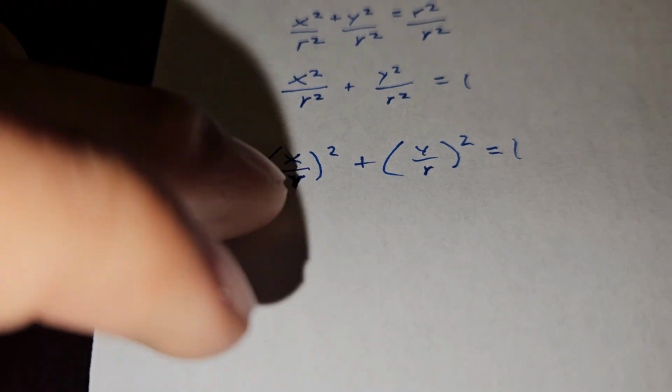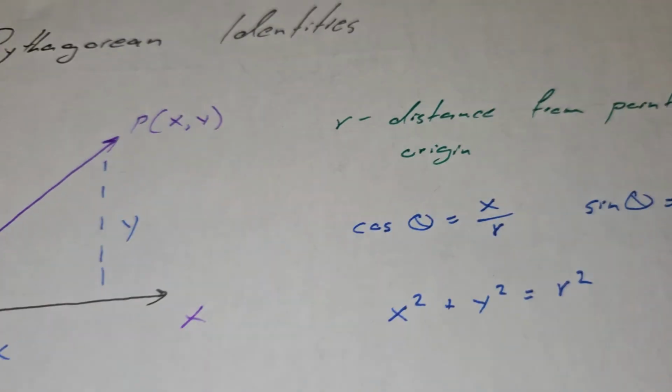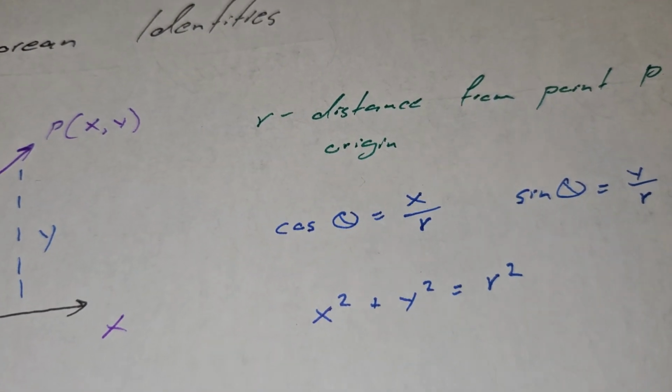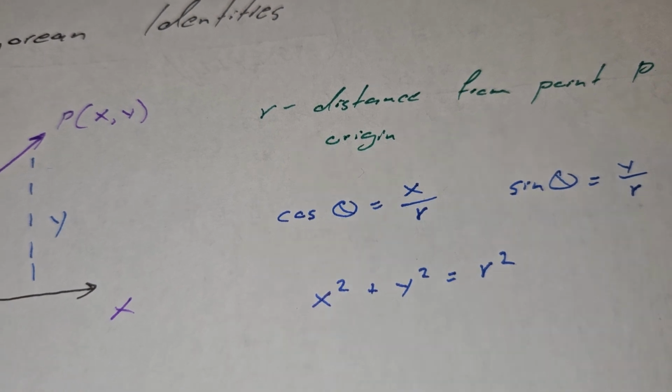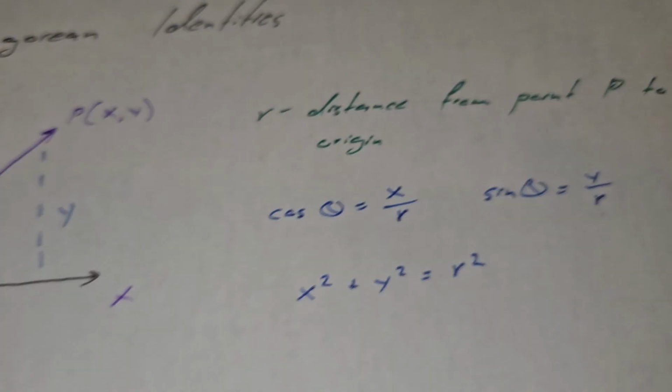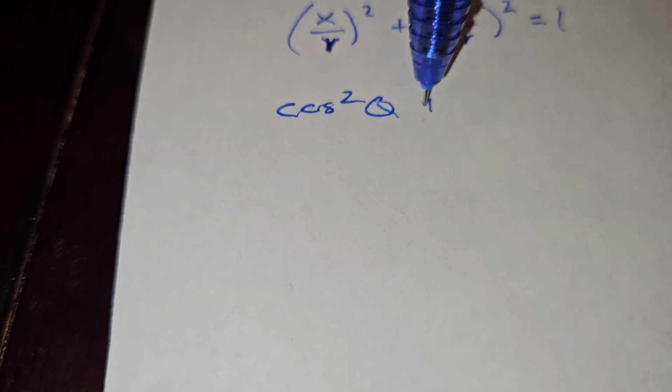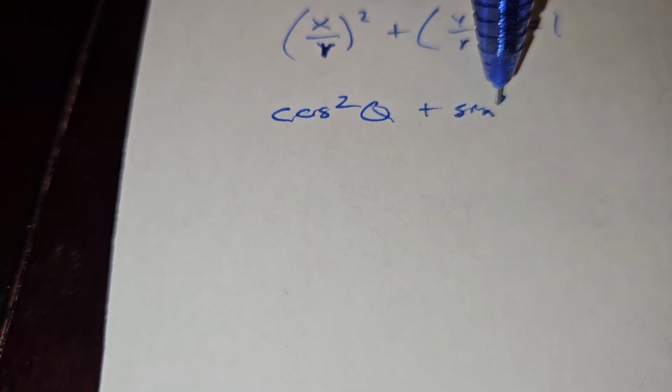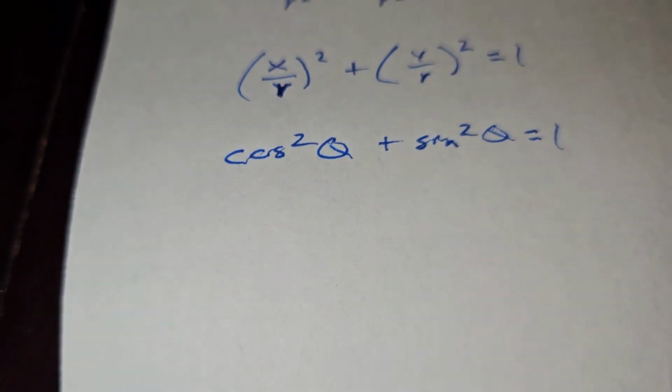So we see here that x over r. What is x over r? We established that x over r is equal to cosine of theta, and y over r is equal to sine of theta. So this gives us cosine squared of theta plus sine squared of theta is equal to 1.